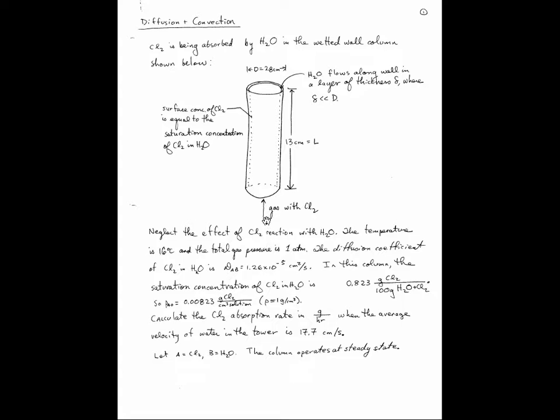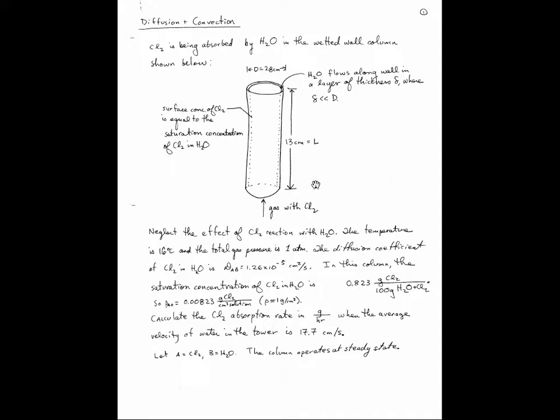We're flowing a gas up through it that has a low level of chlorine in it that we're trying to strip out. We're doing that by flowing water down the inside edge of the tube. When the water contacts the gas stream with chlorine in it, chlorine is much more soluble in water than would be typical gas components like oxygen and nitrogen that you might find in air. So the chlorine will dissolve preferentially into the water and be stripped out of the gas phase.